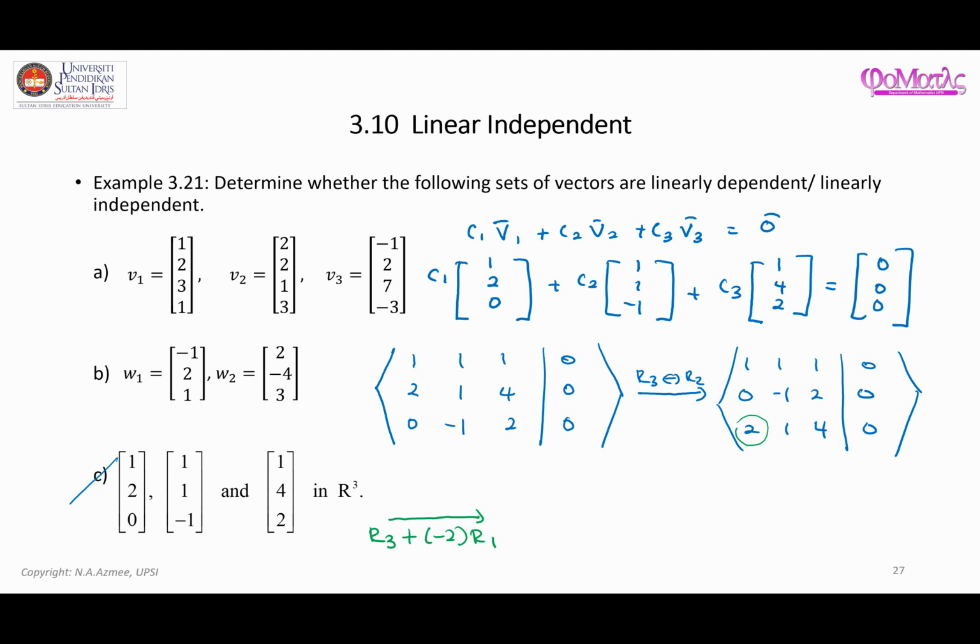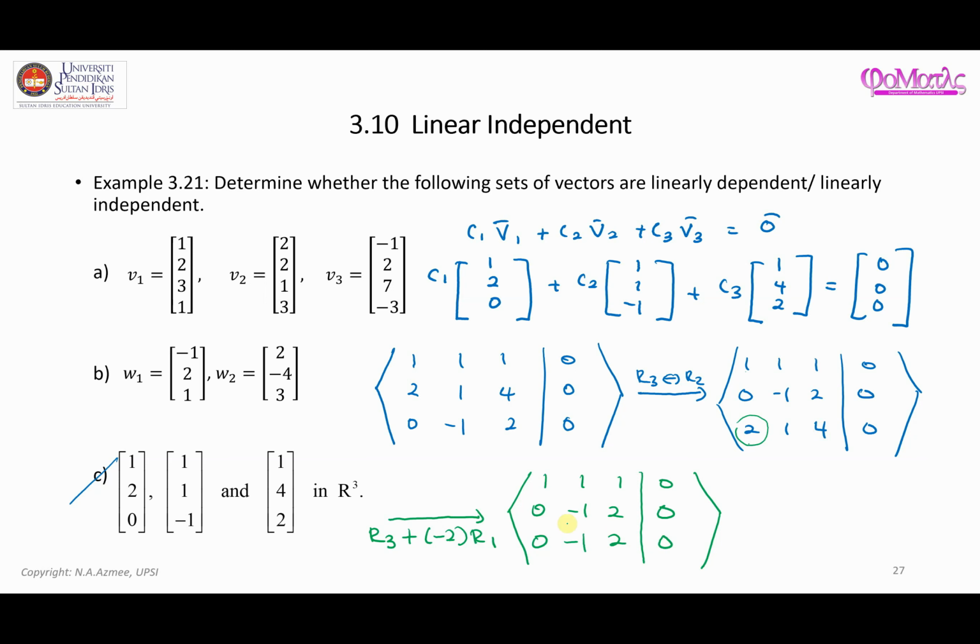So here I will have 1, 1, 1, 0, 0, negative 1, 2, 0. For this part, 2 plus negative 2 is 0, 1 minus 2 is negative 1, 4 minus 2 is 2, and this is 0.